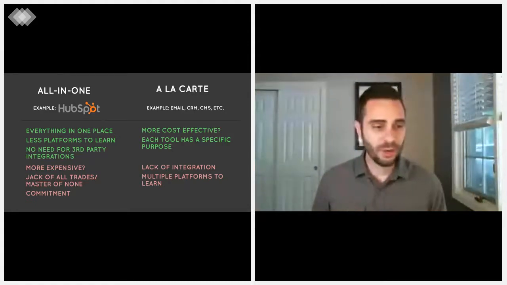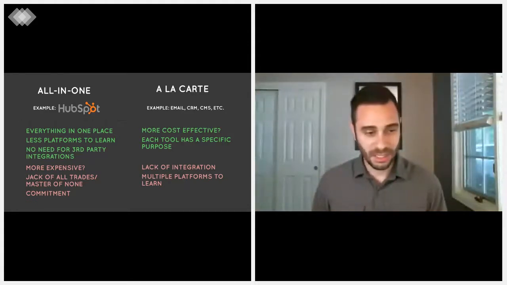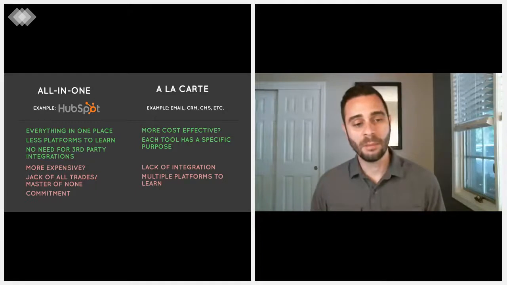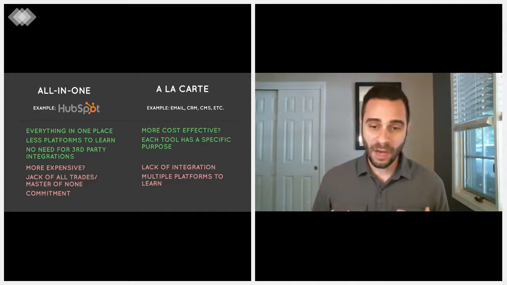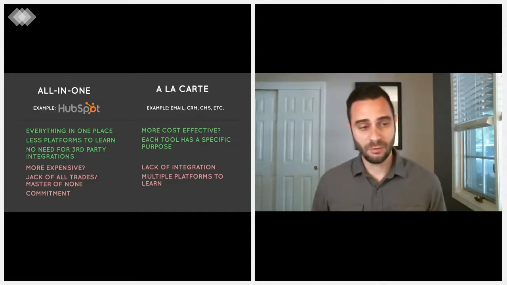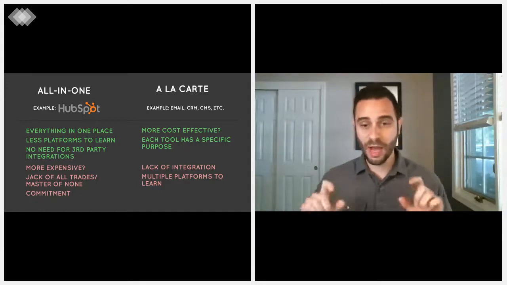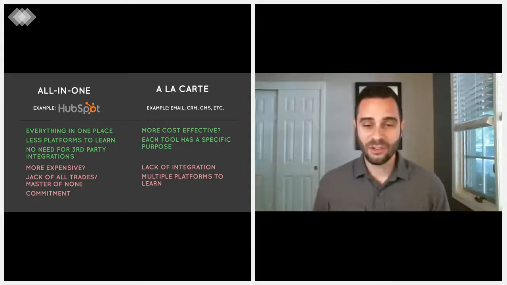The challenges with all-in-one platforms is they can tend to be more expensive than building your own kind of set of software. We'll look at some of the expenses and the costs in a second. What I found, and what we found as an agency from our experience, is that sometimes these all-in-one platforms that do everything can be kind of a jack of all trades, but a master of none.